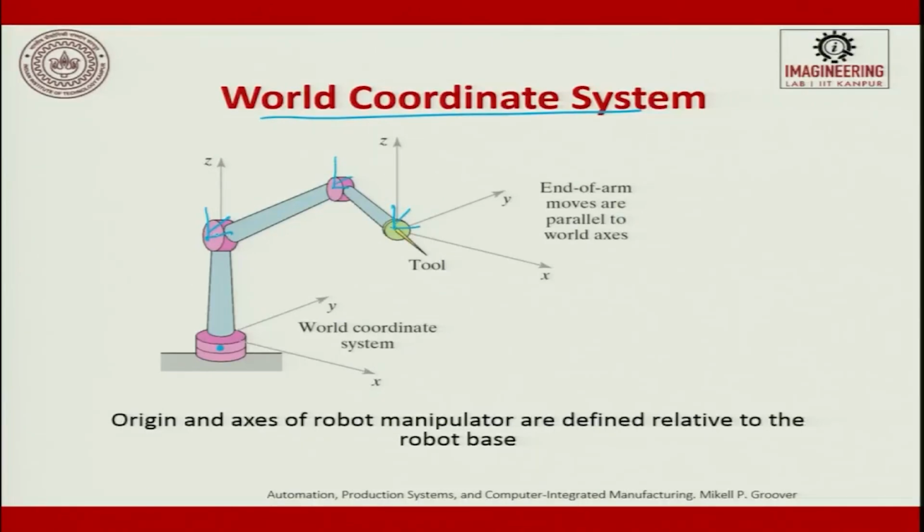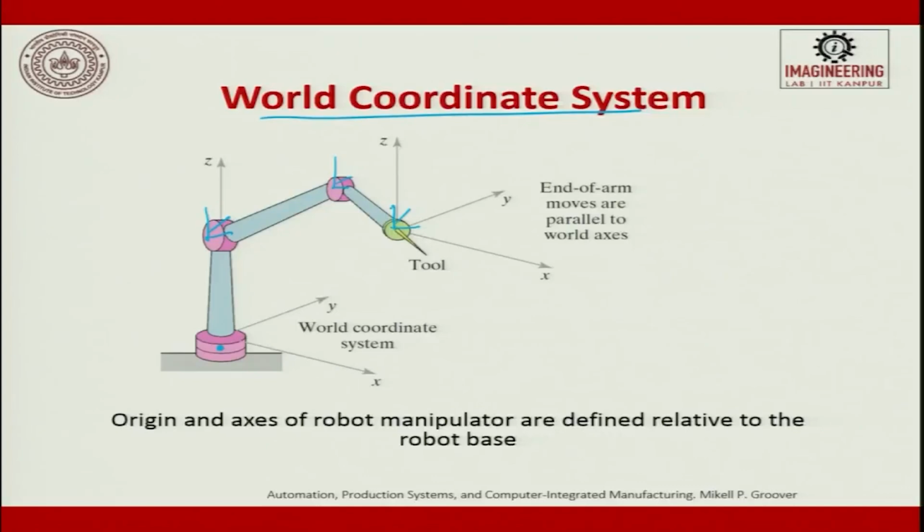Every time we write a program or do an analysis, we should make sure that the axes of the world coordinate system and the user coordinate system are the same. Otherwise, we have to translate these references with respect to the world coordinate system and then execute the program.